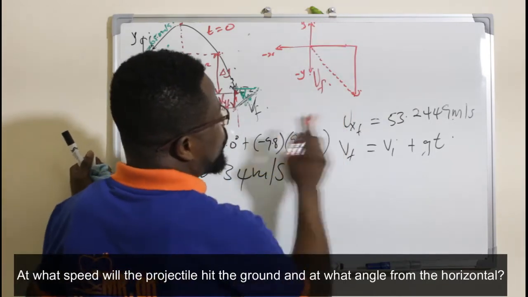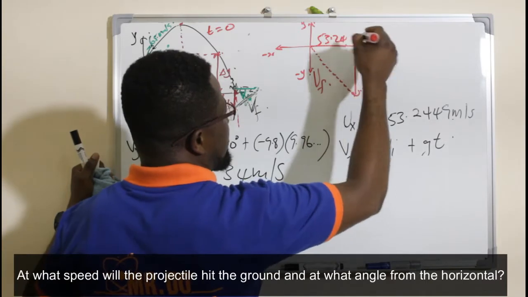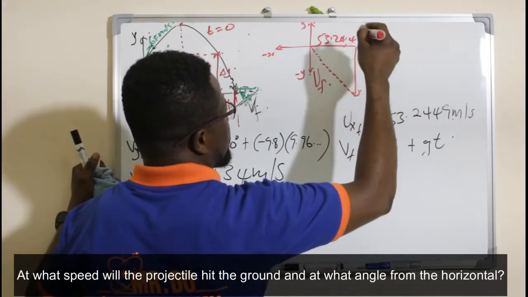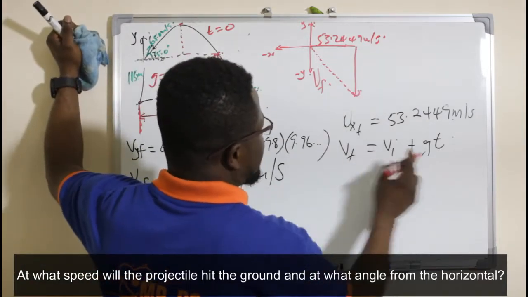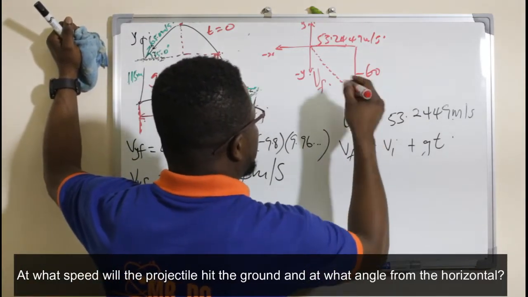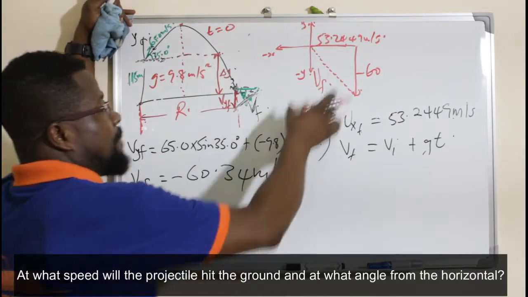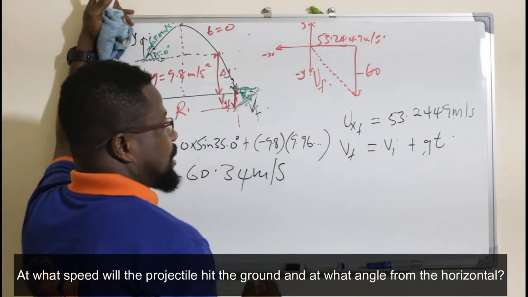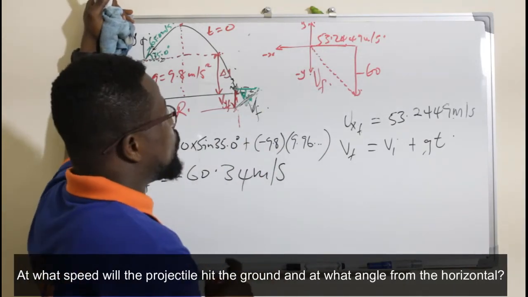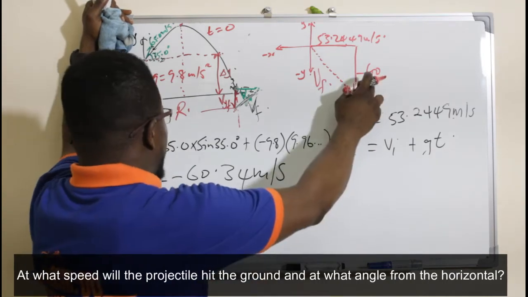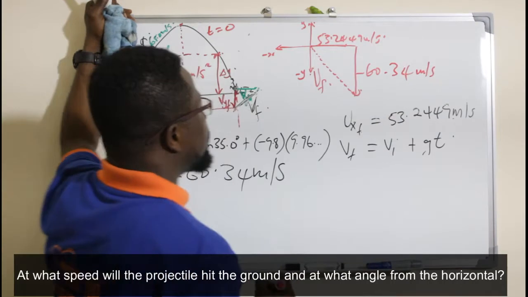We know this value, which is 53.2449 meters per second, and then this one is now given to me as negative 60.34 meters per second. You can write the negative value, or you leave it there, because remember, the negative sign is telling us the direction, which helps you locate the quadrant in which the diagram falls. All right, good.